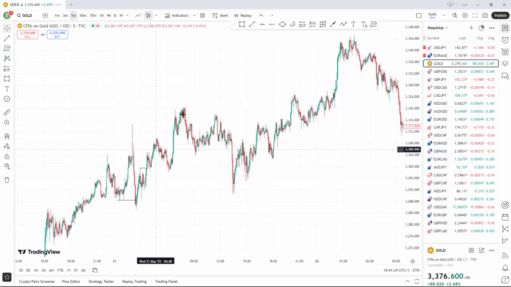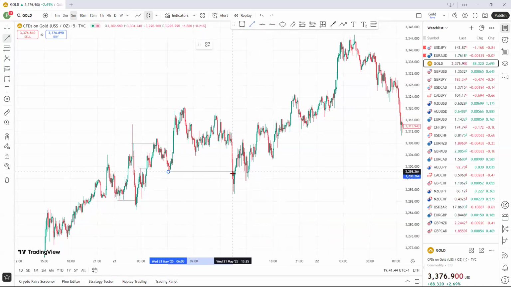There's a retracement to give you your structural liquidity or inducement. That's this. And after your inducement, it went up to give you your second break of structure here.